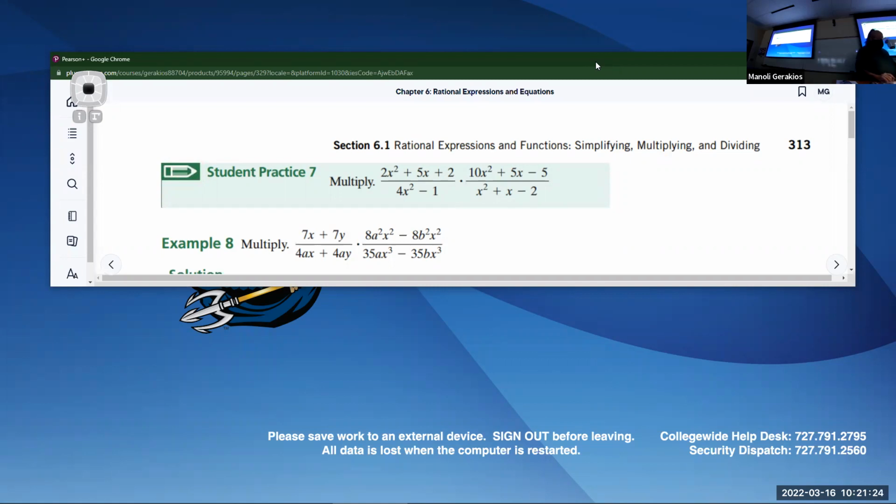Make sure I got it copied correctly. 7x plus 7y over 4ax plus 4ay. 8a squared x squared minus 8b squared x squared, 35ax cubed minus 35bx cubed. Okay. So let's start this back up now.